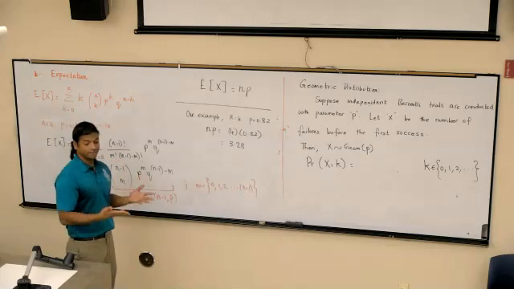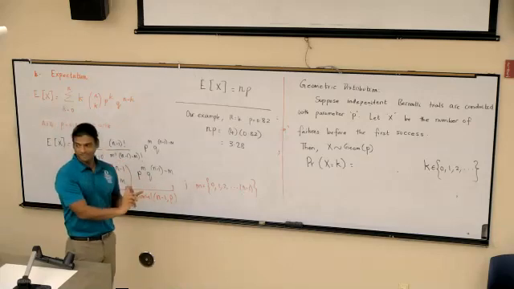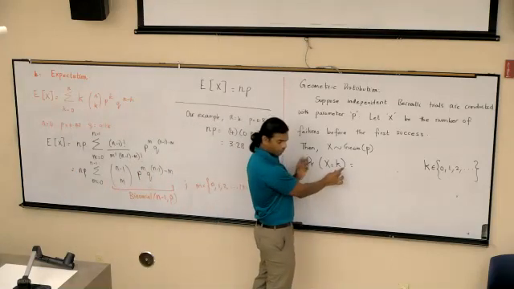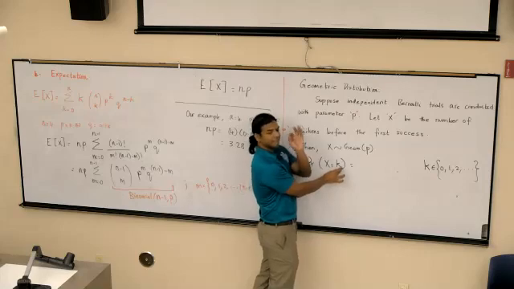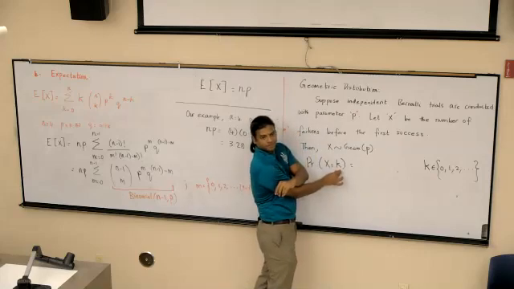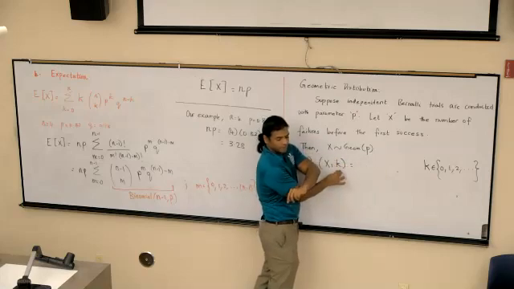I keep failing until my first success. And I want to know for X is equal to K. In other words, I failed K times and then I succeeded once. So if you use the multiplication rule, you should know the answer.